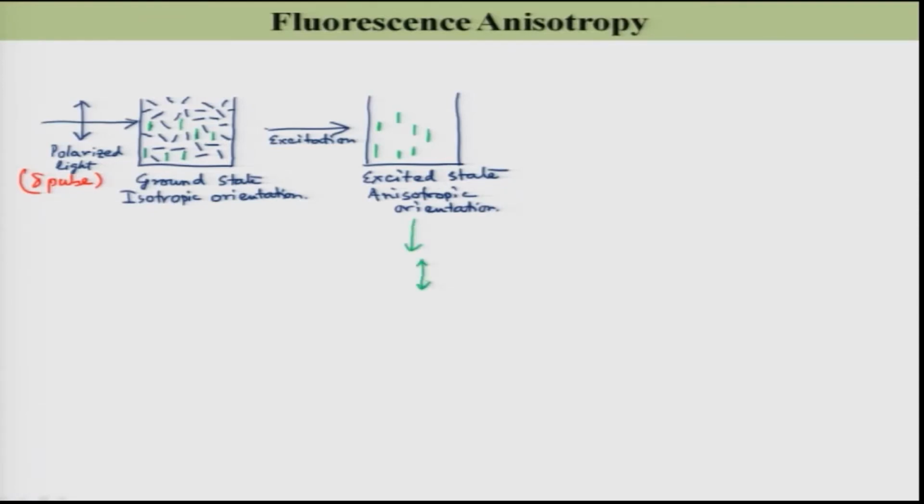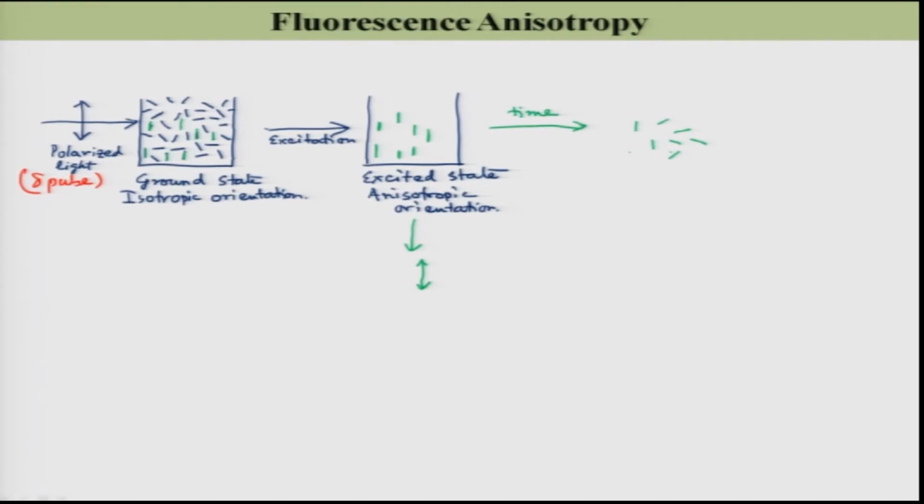But as time goes, these molecules will reorient themselves because of random motion. Let us say after some time this molecule is like this, this one is like that, and so on.